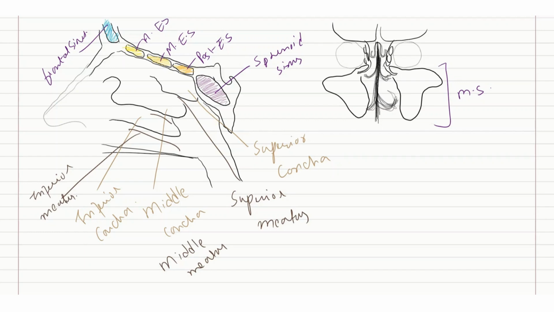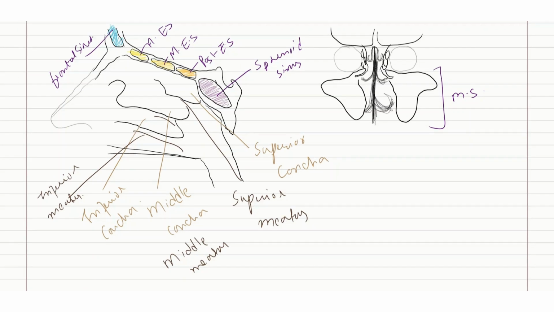Now, let's discuss how these sinuses will drain into the relevant meatus. The maxillary sinus, which is the largest sinus, will drain from this small opening into the middle meatus.